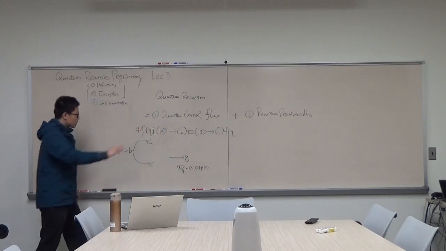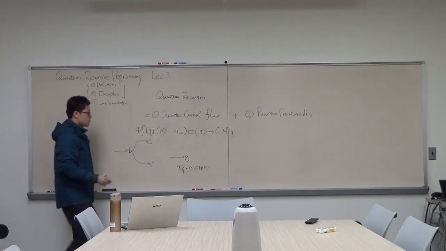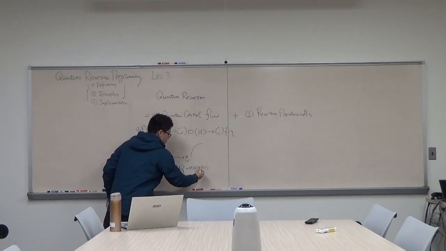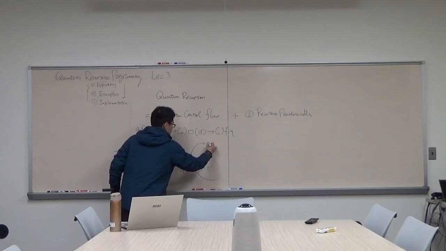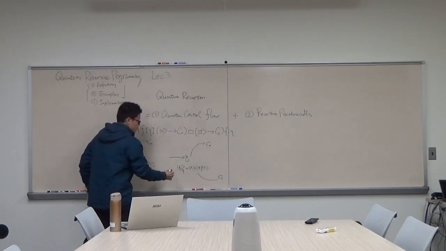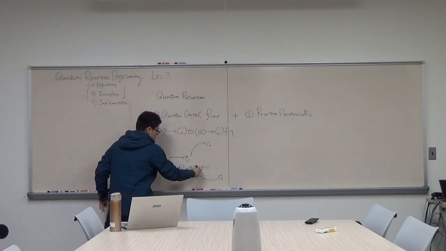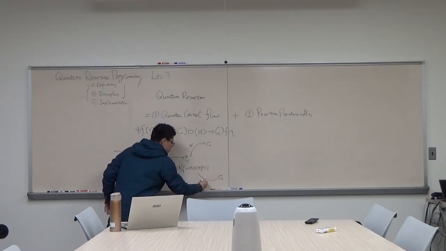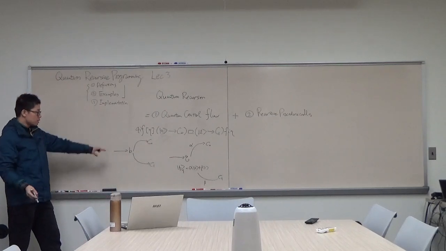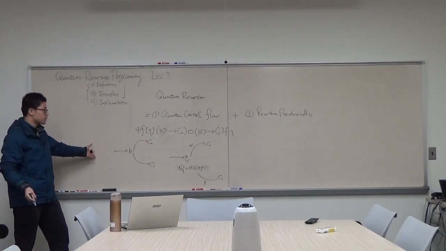Then when you execute this QIF statement, you will go into this quantum branch, C0 and C1, in superposition, and they have this amplitude, alpha and beta. So that's intuitively the quantum control flows.